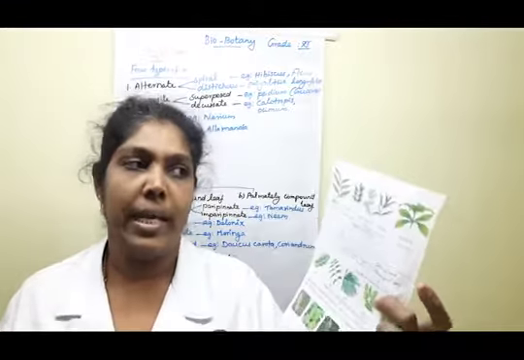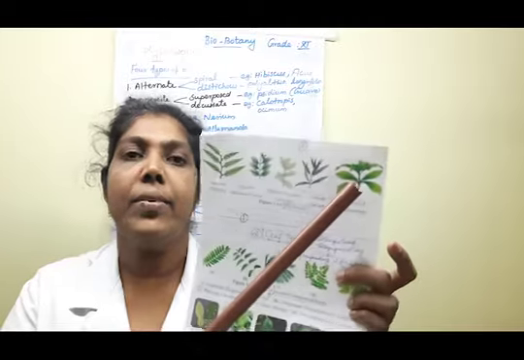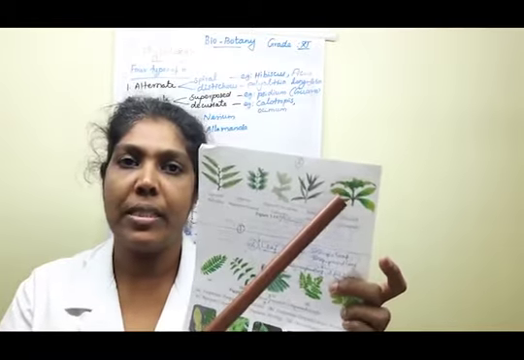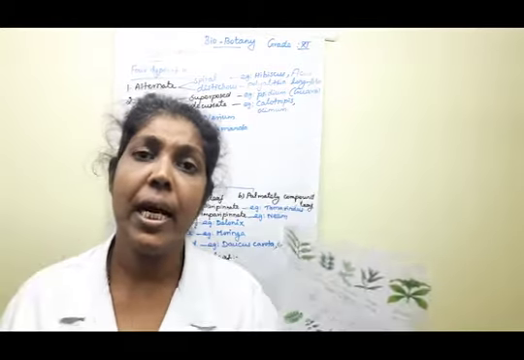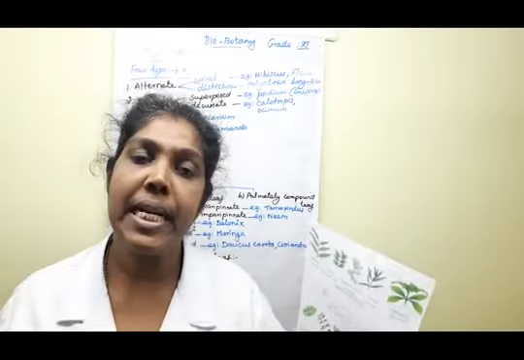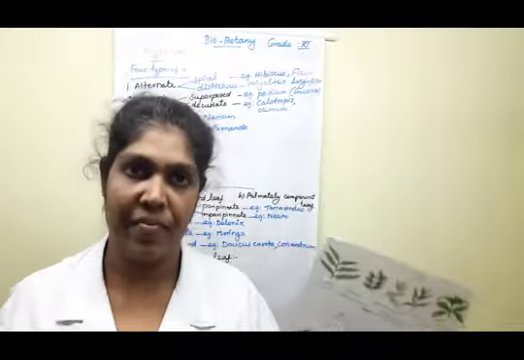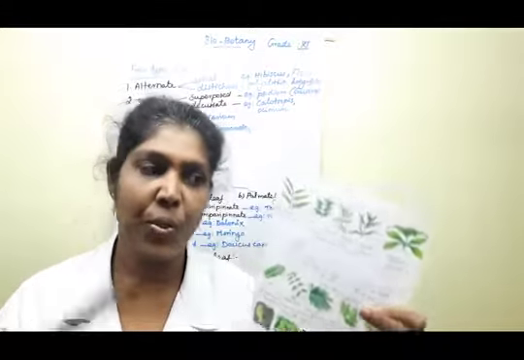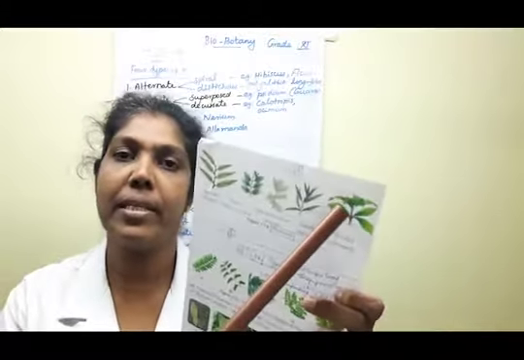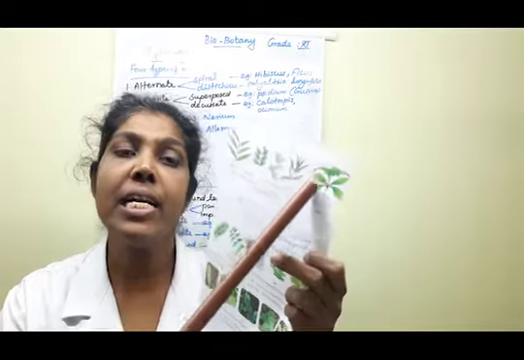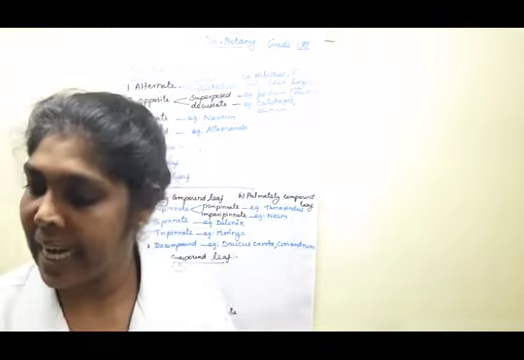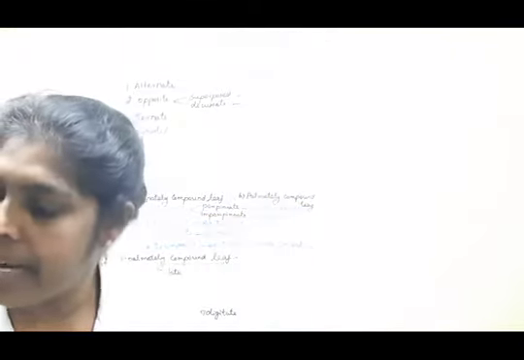Then the last type of phyllotaxy is whorled phyllotaxy. Here each nodal region bears more than three leaves. Clear? Each nodal region has more than three leaves, arranged in a whorled manner.